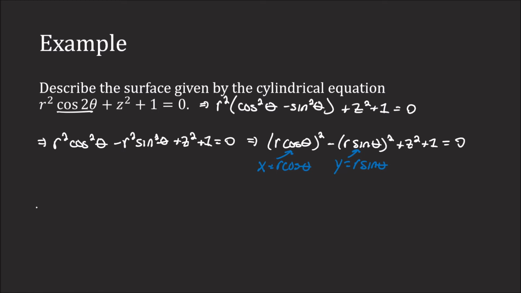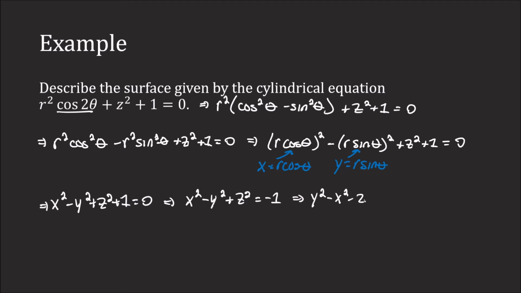And so this will give us that x squared minus y squared plus z squared plus 1 is equal to 0. So x squared minus y squared plus z squared is equal to minus 1, or y squared minus x squared minus z squared is equal to positive 1.